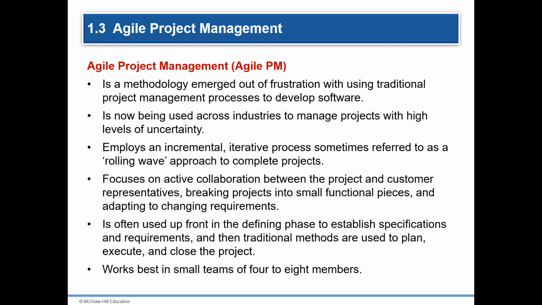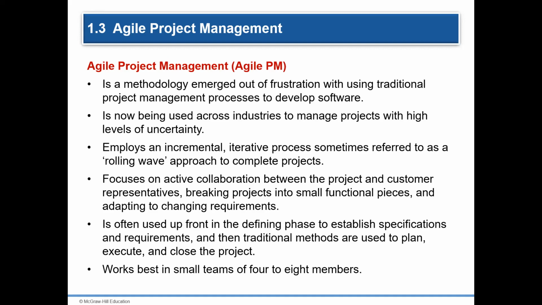So what occurred in software is that they came up with Agile Project, and now Agile Project is being used not only in software to manage projects, but with other projects when there's a high level of uncertainty. Okay. So we know the future, but we cannot predict the future.